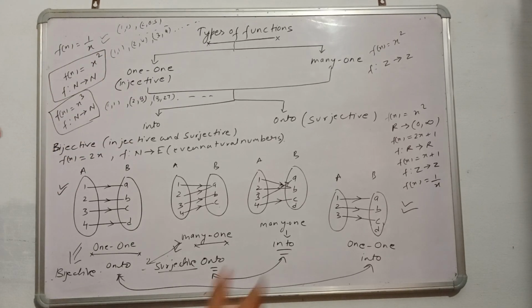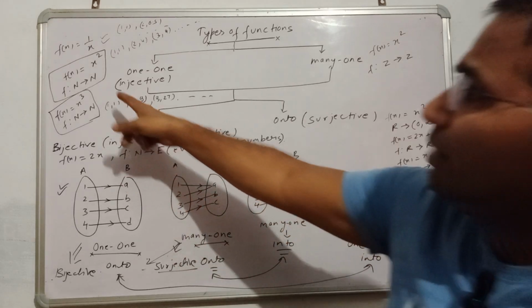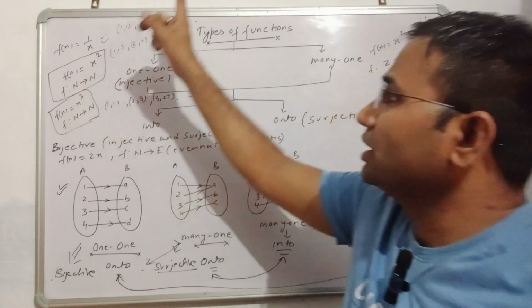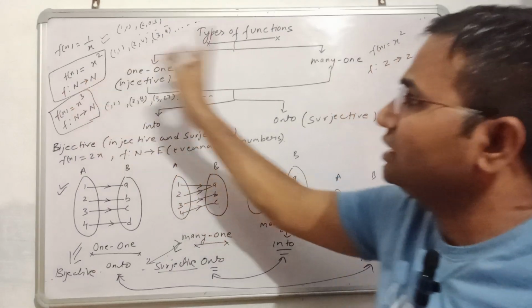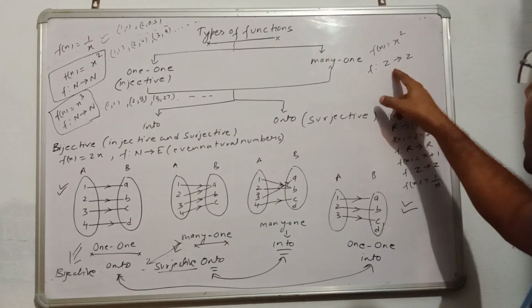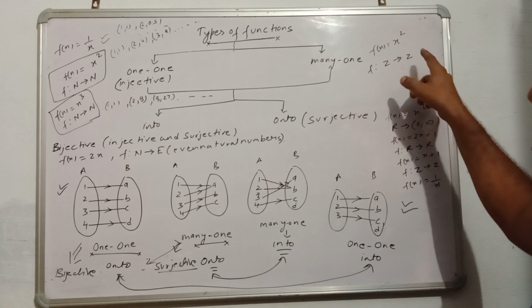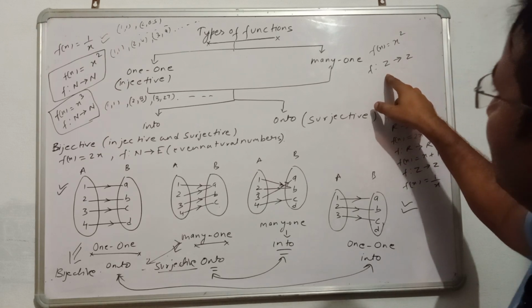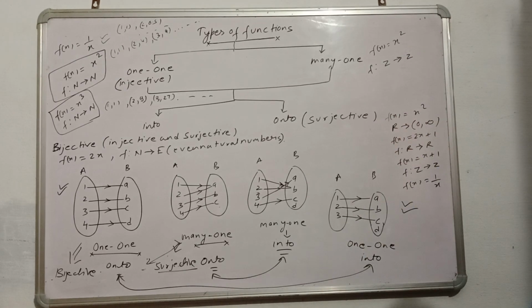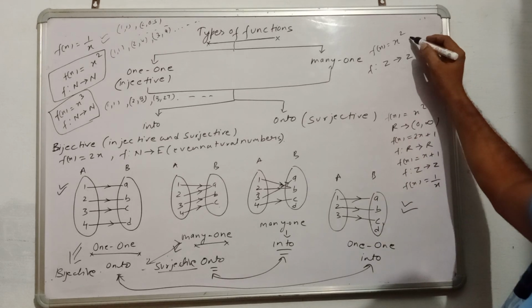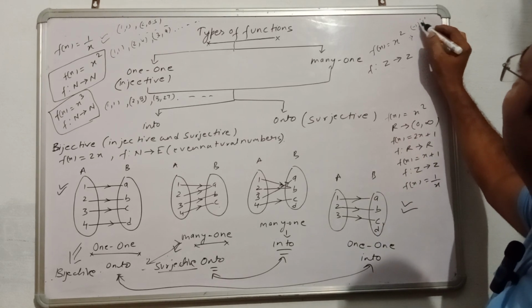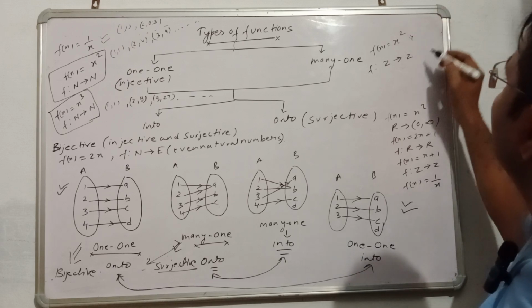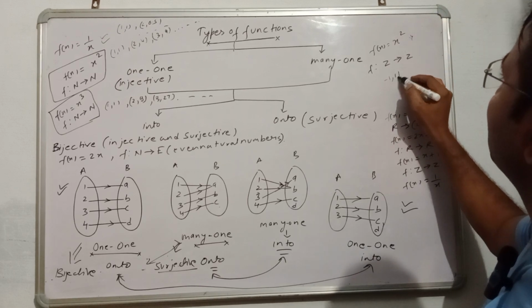Now let us talk about the many-one function. See here, we have taken f(x) = x square, and we had to take natural numbers. If we change the condition, f from Z to Z, meaning if you take integers, then you will get integers. Obviously, if you put -1, you will get 1.